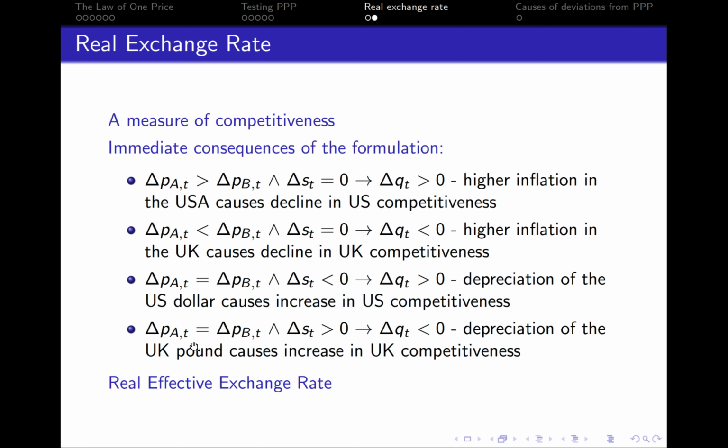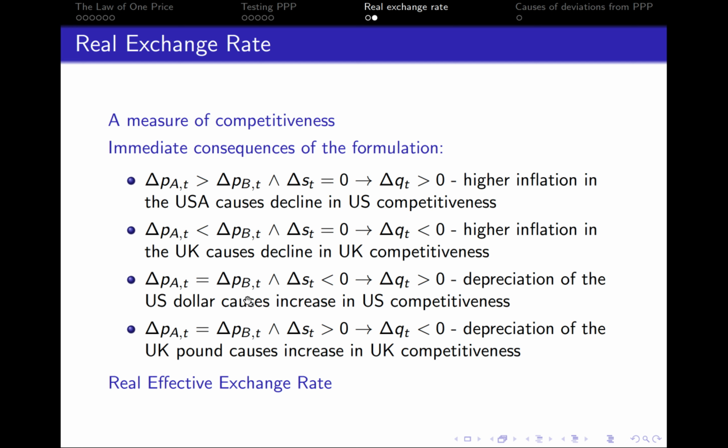While depreciation of UK currency or appreciation of US currency, which of course, remember, are the same thing, will cause UK competitiveness to fall. Okay, but look, I hope that at this moment you understand the entire idea behind real exchange rates.